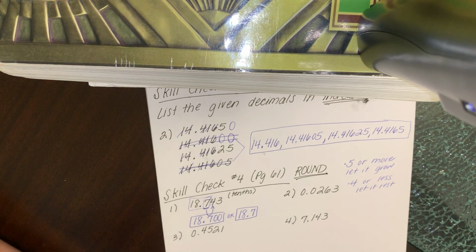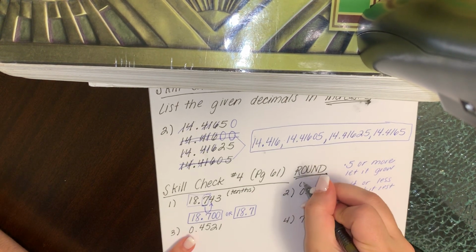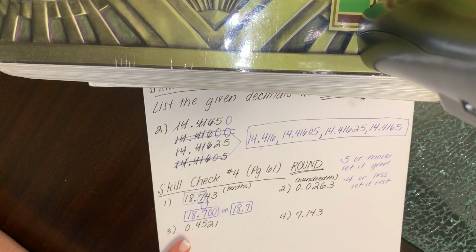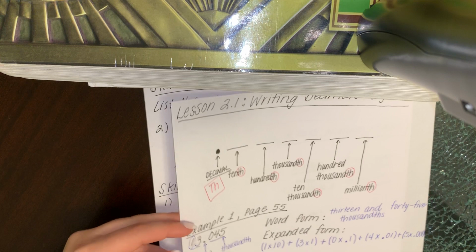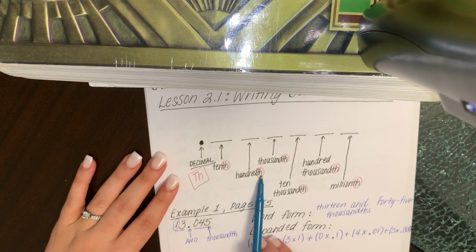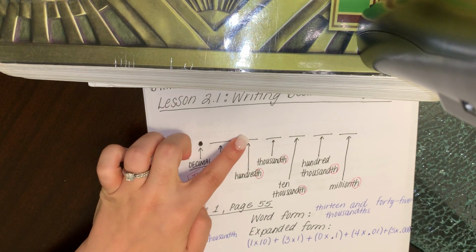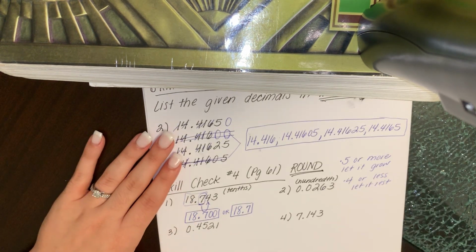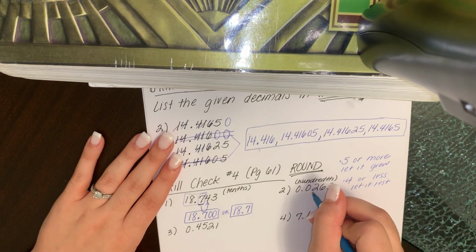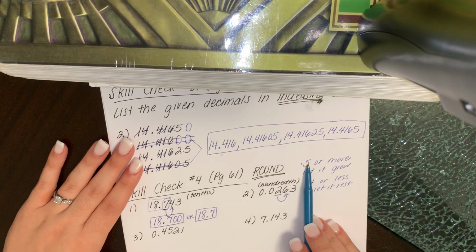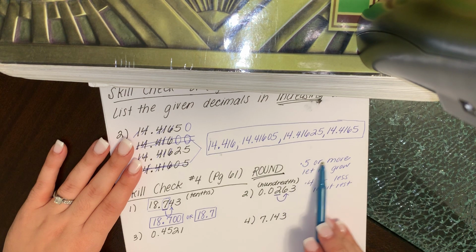Number 2 says we're rounding by the hundredths. So again, I'm going to go back to my chart. I'm going to look at where the hundredth is. And if you see, it's 2 numbers behind the decimal. It's the second number behind the decimal, which is a 2. I'm going to look next door. I'm going to follow my rule. 6 is 5 or more.